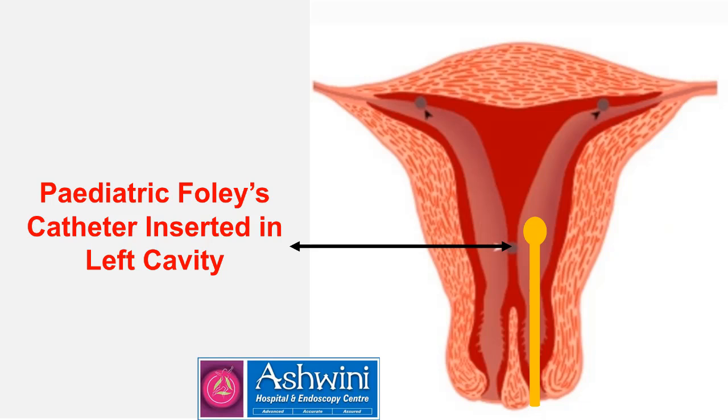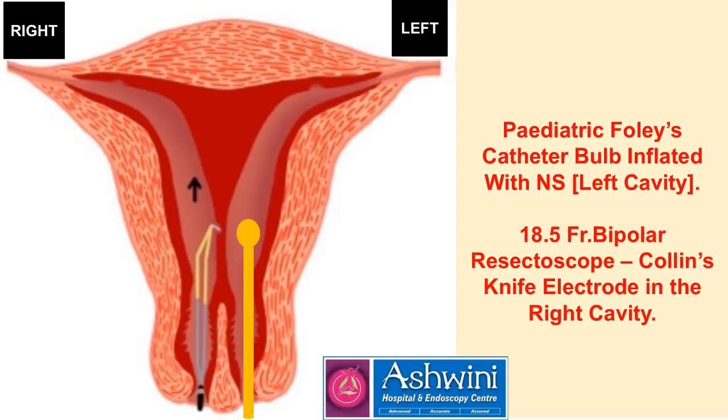Before that, in the contralateral cavity, I usually insert a pediatric Foley's, inflate with 2 ml or 3 ml normal saline, and then we proceed with the 18.5 French bipolar resectoscope and a Collins knife. A diagnostic hysteroscopy is done initially.